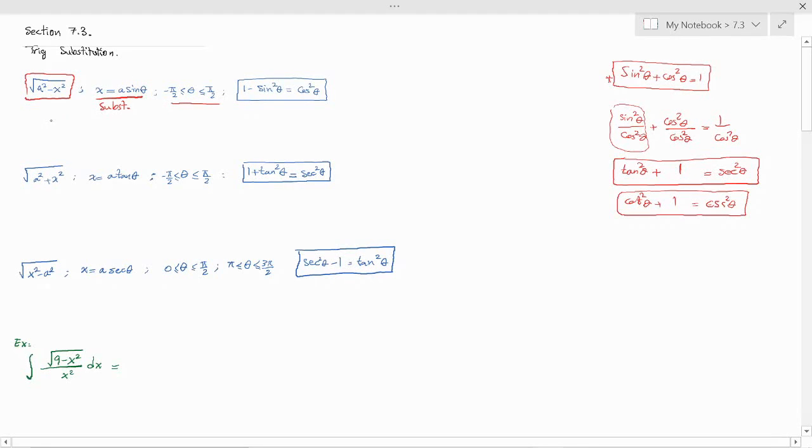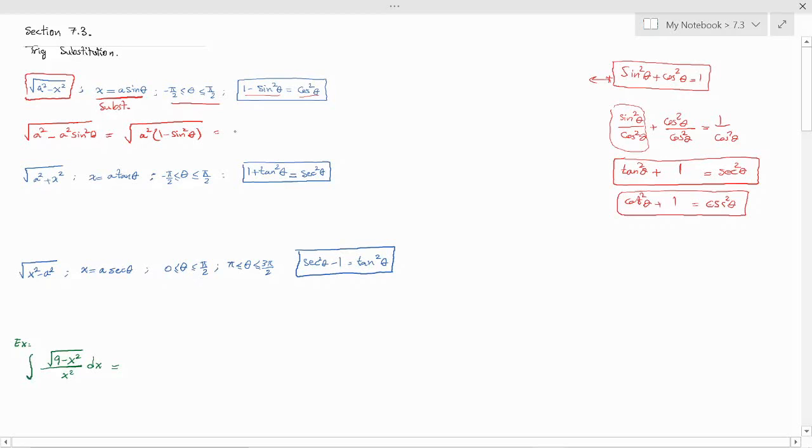And why we do this is because if you replace x with a sine theta, what you get is a squared minus a squared sine squared theta, and this is simply the square root of a squared times 1 minus sine squared theta. And what we know is 1 minus sine squared equals cosine squared by this Pythagorean identity.